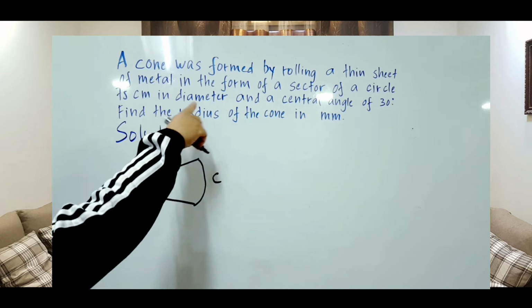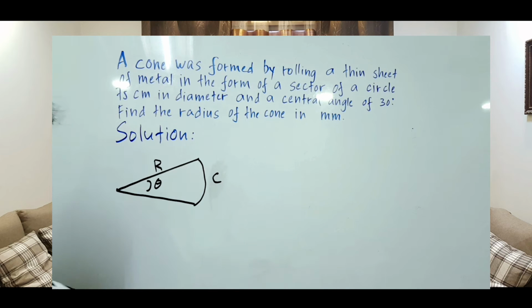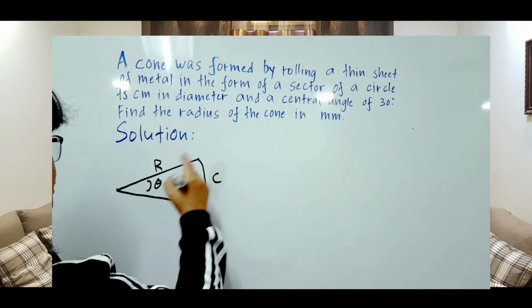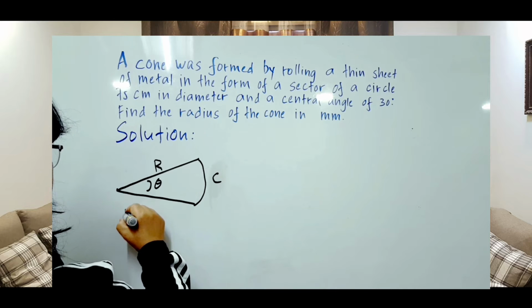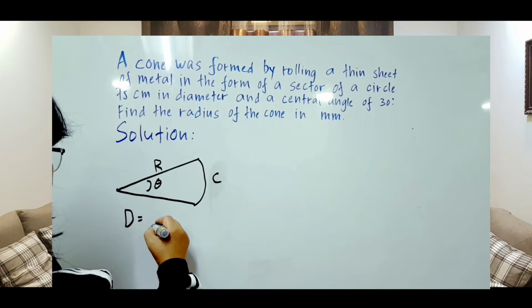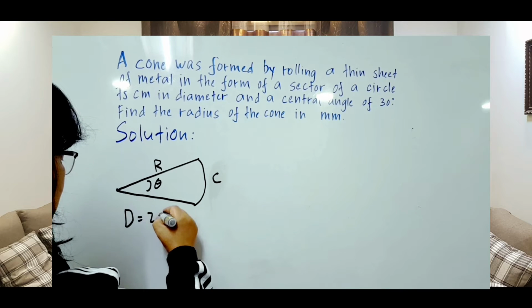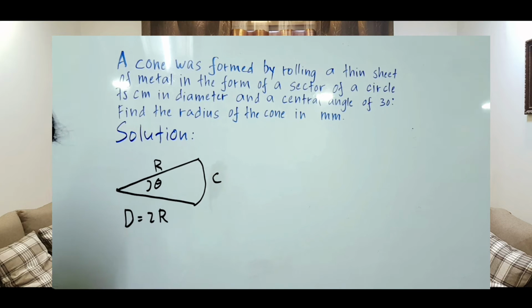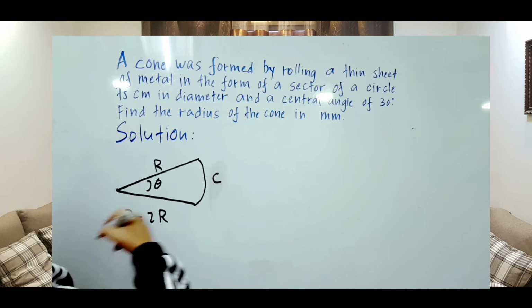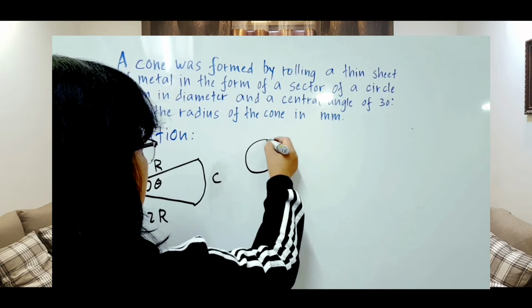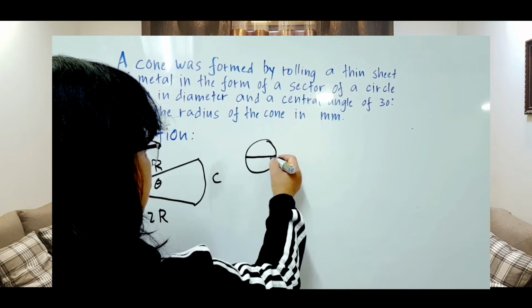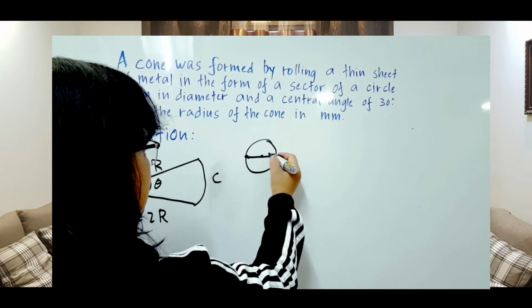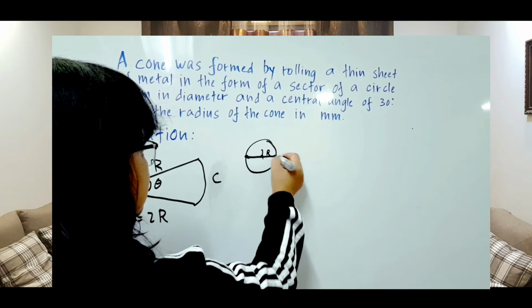Now, what is given here is the diameter of a circle. The diameter is equal to twice the radius. In a circle, this is the diameter, and half of it from the center is the radius.